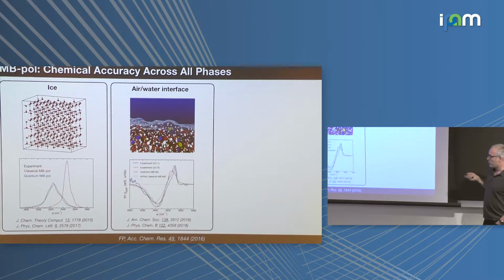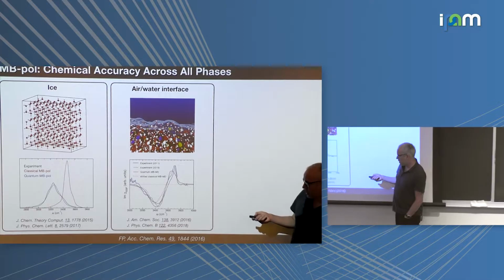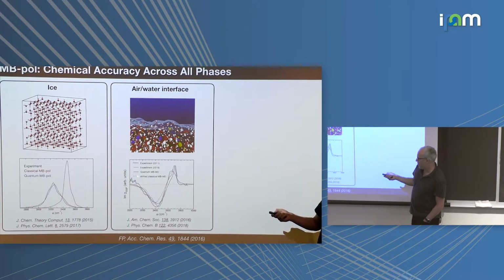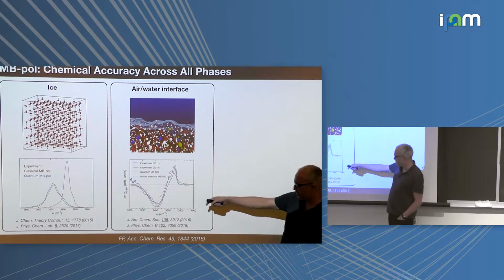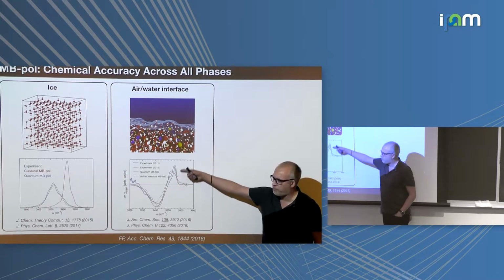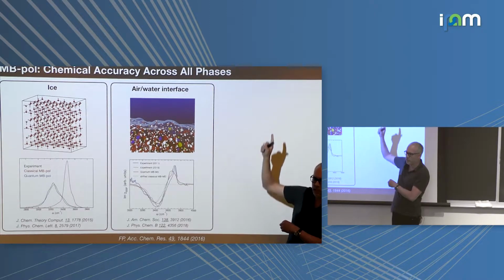We went to the SFG, and we actually showed that a previous experiment that showed this positive feature here was not done correctly, and in fact the same experimental group changed it later on and showed that there is no positive feature here. And this was never in our simulations, because this positive feature here cannot just exist by physics. The sign of this spectrum indicates how water points at the interface.